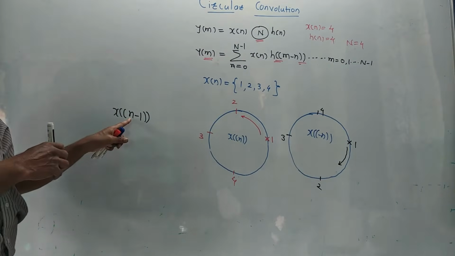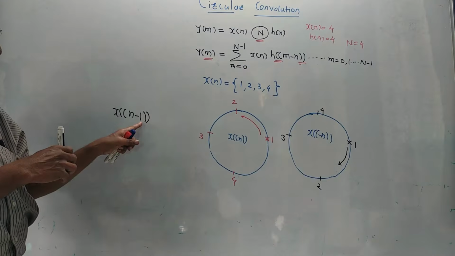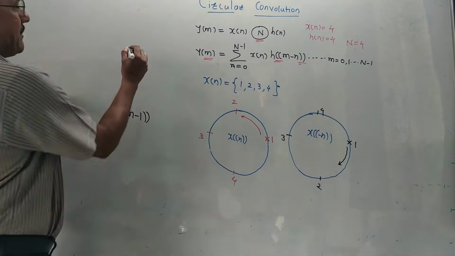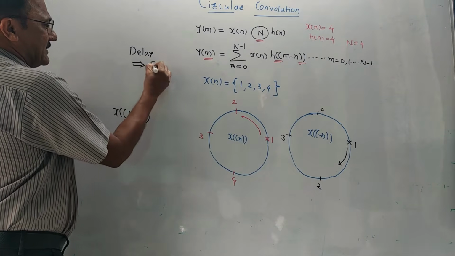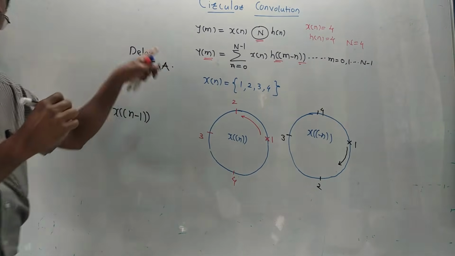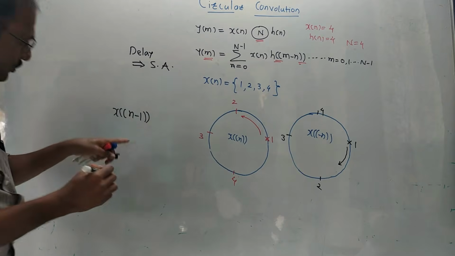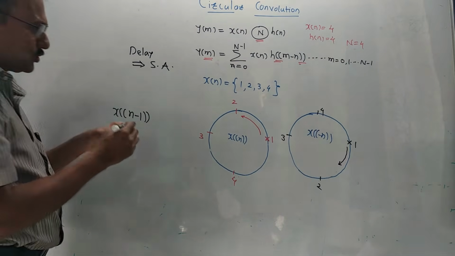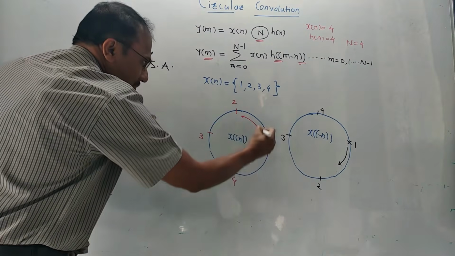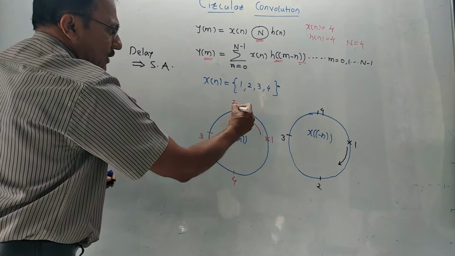If you have the equation x of double bracket n minus 1, it indicates delay. Now remember this rule: delay means shift anti-clockwise. So it is x of n minus 1, that means delay by 1 position. So I need to shift every sample of x of n in anti-clockwise direction.